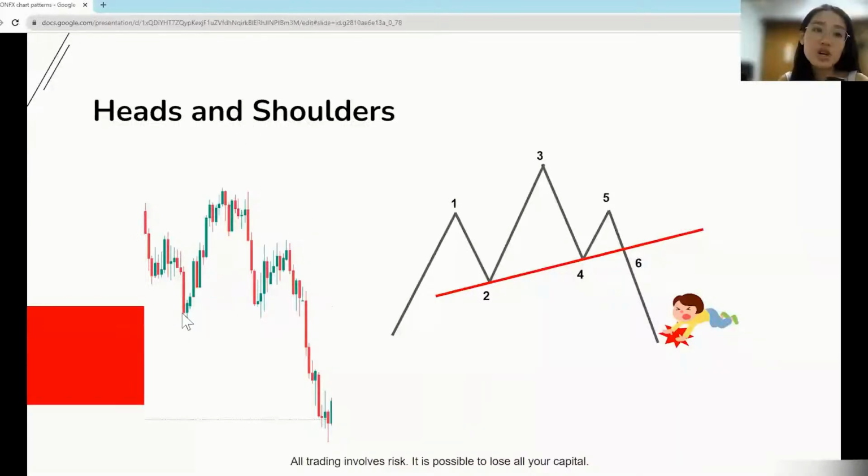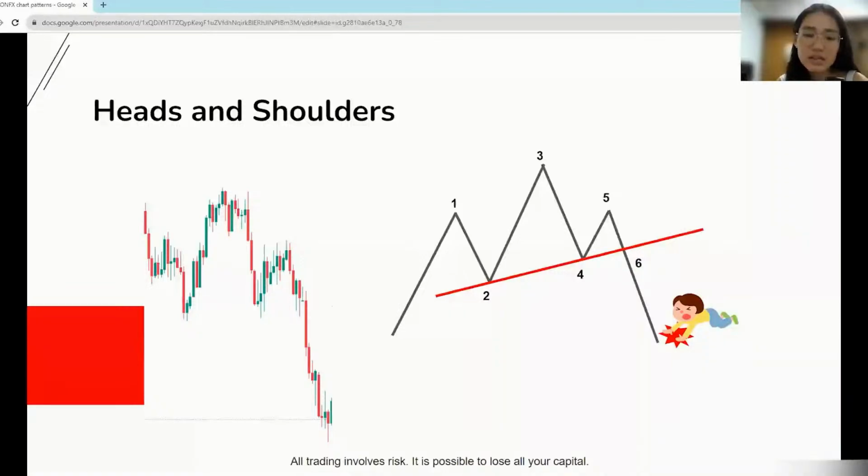If I were to draw a line, well, it doesn't have to be horizontal, just a line connecting these two swing lows, and extend it out, once price breaks out of that line, then we have confirmation that price is going to continue lower. Pretty straightforward. Let me know if you guys have any questions, of course, but pretty straightforward so far.